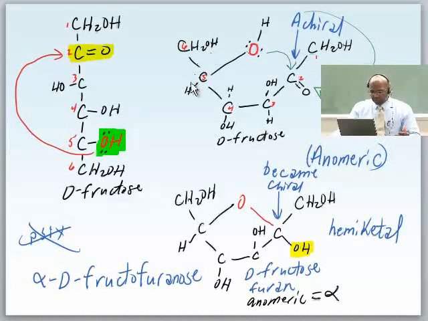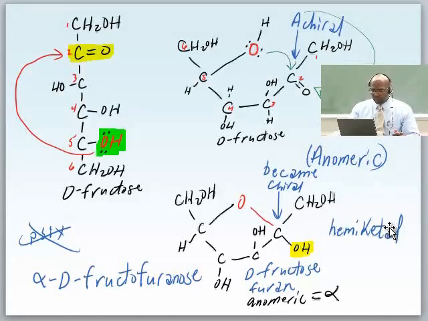And so now we've drawn fructose in the Haworth projection, and you can more easily see these electrons can attack that carbonyl, open that carbonyl up. This carbonyl carbon is achiral, but then it becomes chiral once that new bond forms. And so we call this the anomeric carbon. The anomeric carbon can have the OH in the alpha position down or in the beta position up.